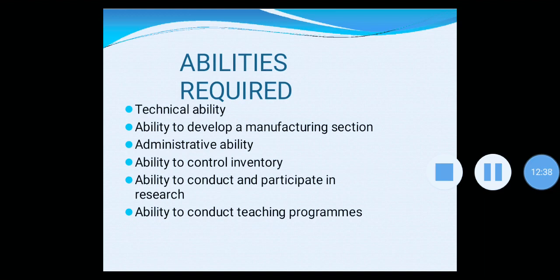First, administrative abilities. The head should have the ability to plan, organize, direct, and control in the hospital pharmacy. The administrative ability covers different areas, that is the evaluation of the workers, the manufacturing process, and different organization.